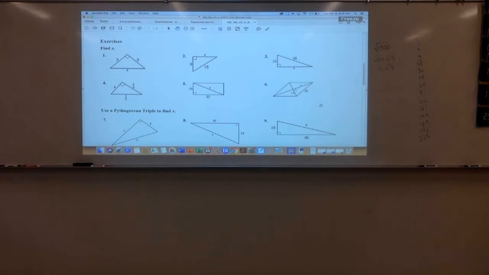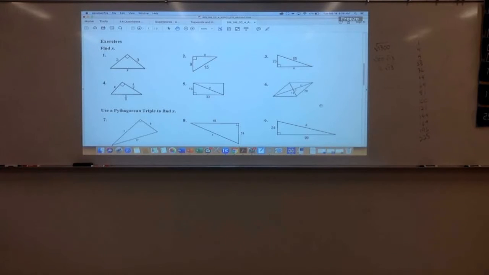We're going with the Pythagorean theorem. A squared plus B squared equals C squared. It depends on which one is missing.